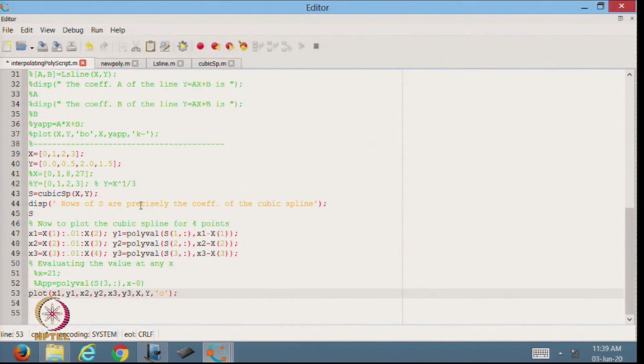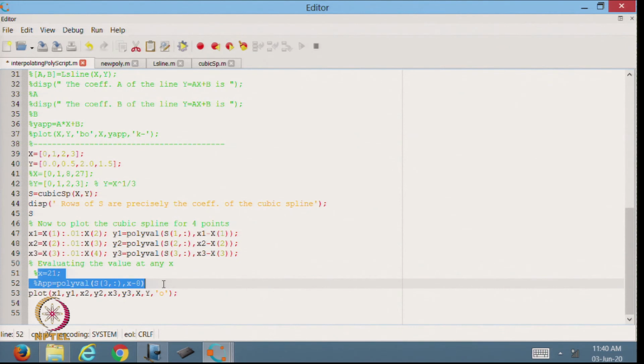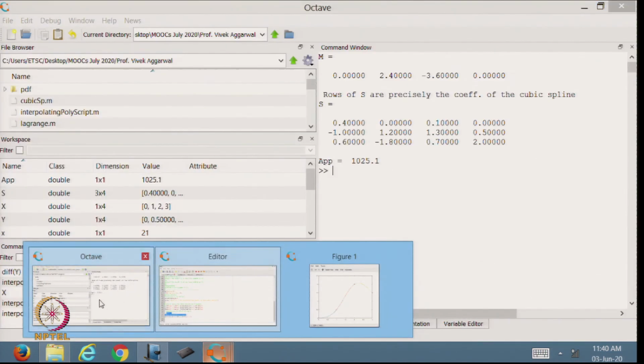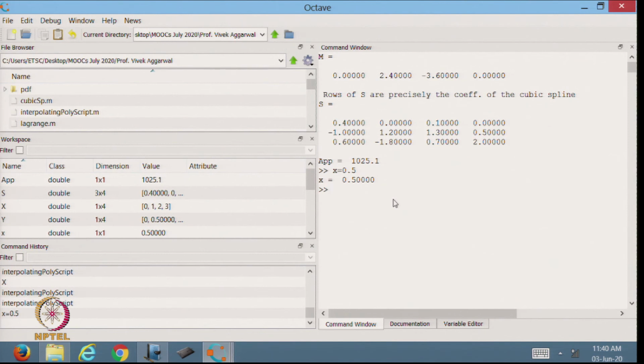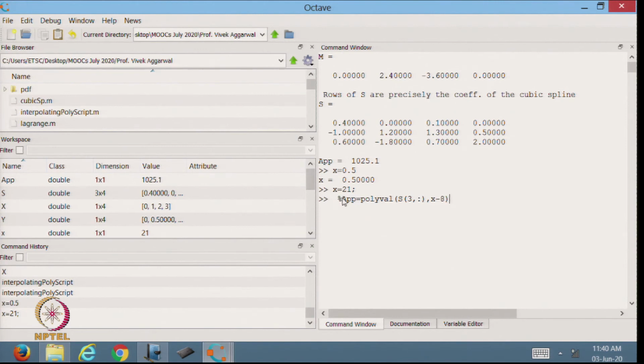Okay. So, in this case, suppose I want to find the value at x equal to 0.5.